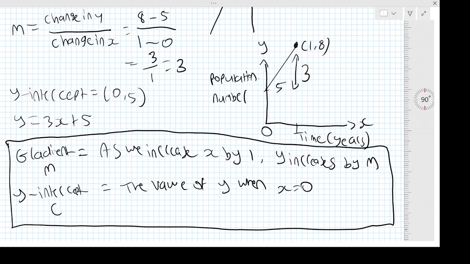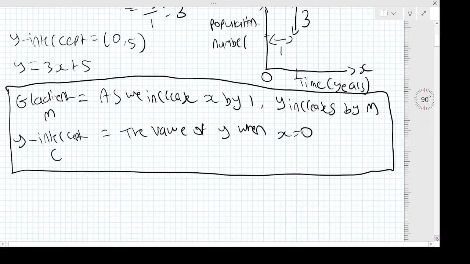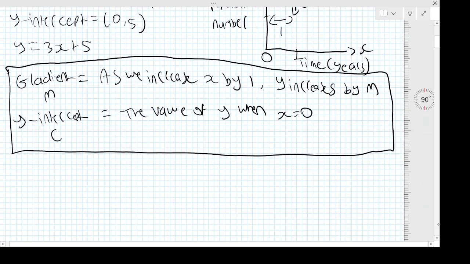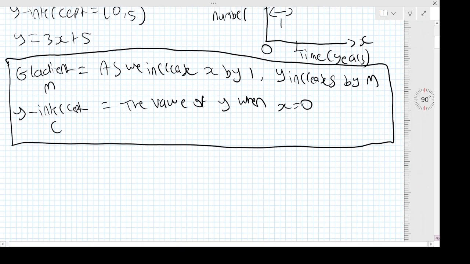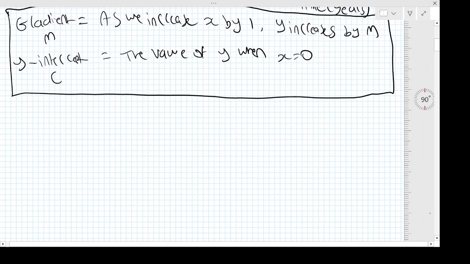As x goes up by 1, the y value jumps up by 3, which is the gradient. And then the y-intercept is the initial value of y, so that's when x is 0, okay? It might seem fairly obvious-ish, but it's important to state it because you'll see in a minute where there will be questions where we will need to explain what these two things mean.